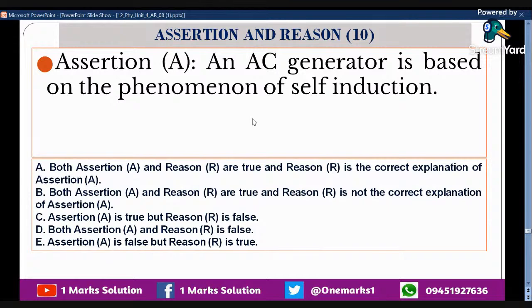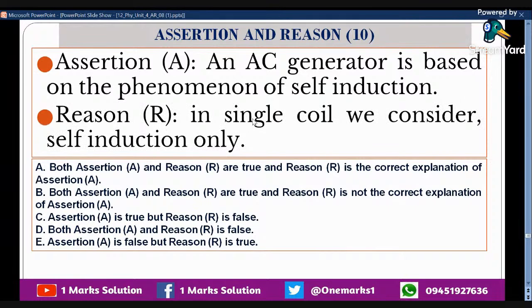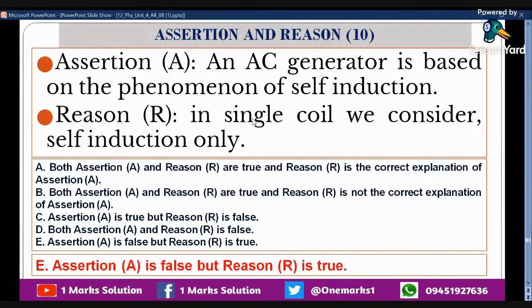So the assertion says an AC generator is based on the phenomenon of self-induction. Is it correct or not? For the AC generator, we can say it is electromagnetic induction. Now we can go for the reason. In a single coil, we consider self-induction also. Only correct. The reason is correct, isn't it? No doubt. In a single coil, we will consider self-induction only. But the assertion is false.